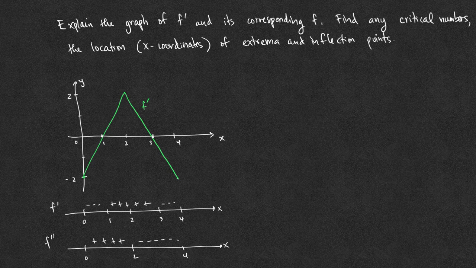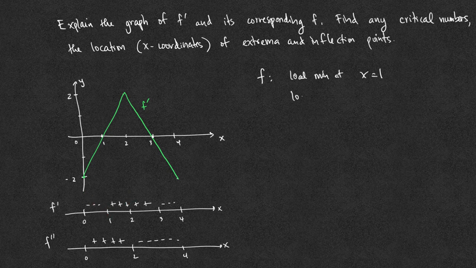To summarize this, for the graph of f, we see that it has a local minimum at x equals 1 because f prime changes its sign from negative to positive at x equals 1, meaning the graph of f is decreasing and then increasing at x equals 1, local minimum.